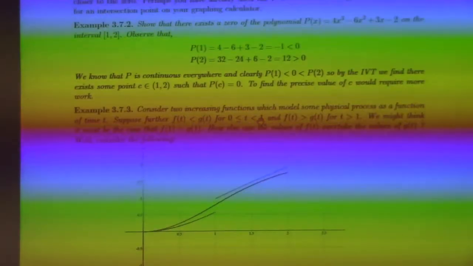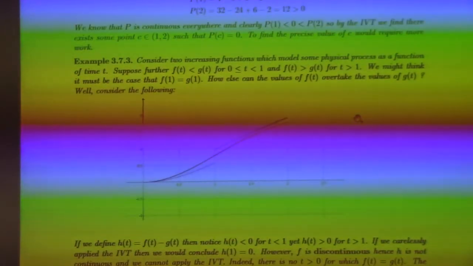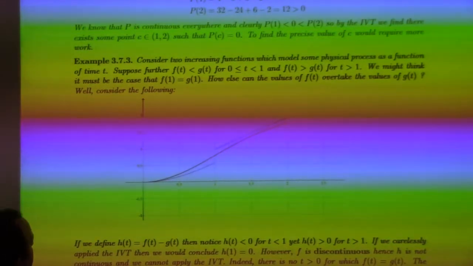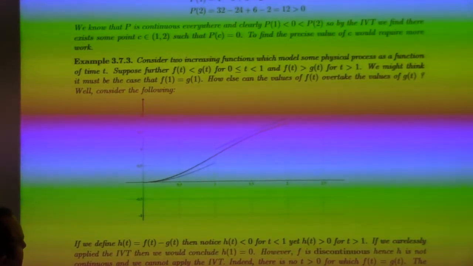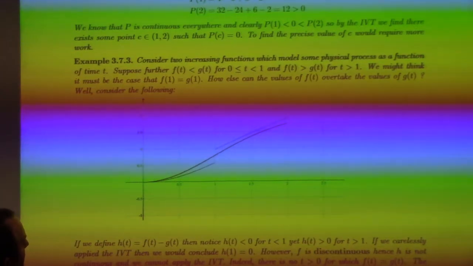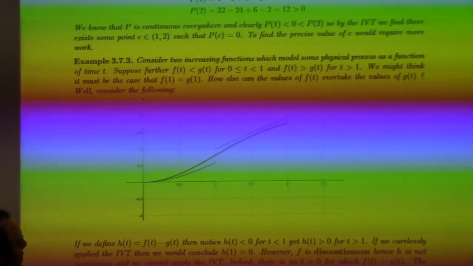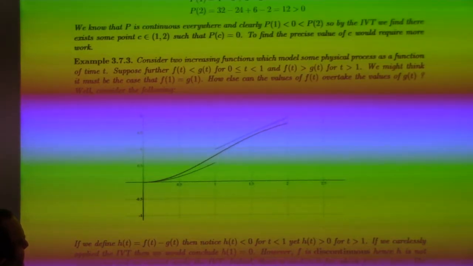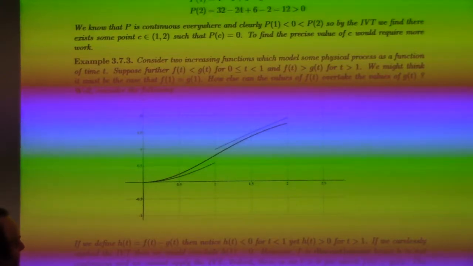All right, so on this graph I have graphed y equals f of t and y equals g of t. Here f of t is the blue one and g of t is the red one.